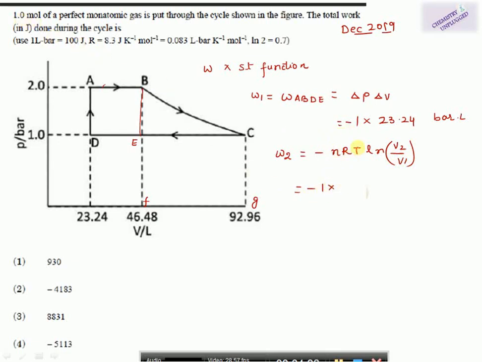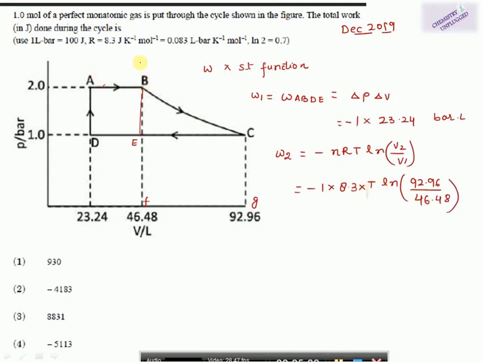We will put the value of R here, that is 8.3, and the value of temperature is not given here. So first we will write it as it is. Then we have ln, and V2 is our final volume, that is 92.96, and the initial volume was 46.48.